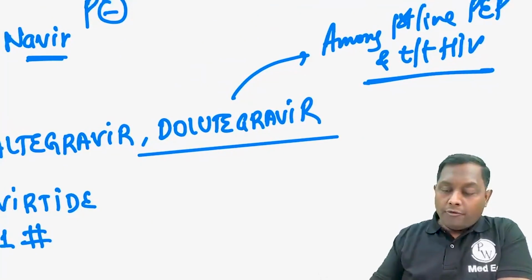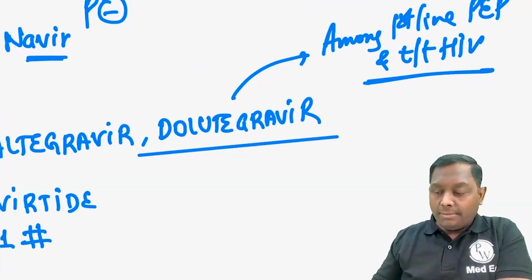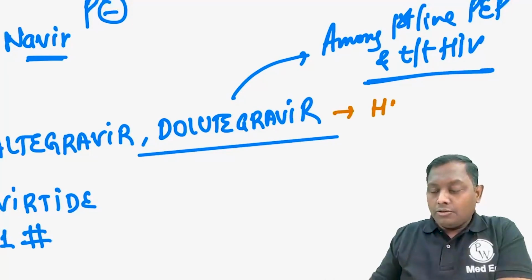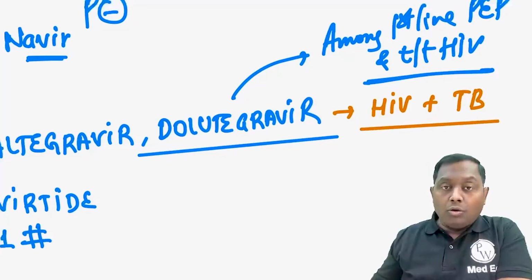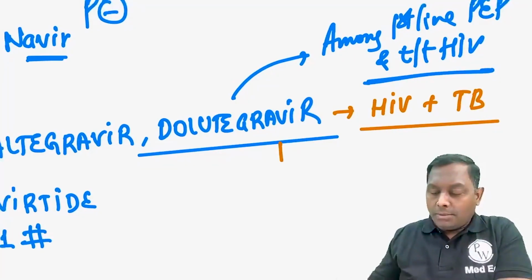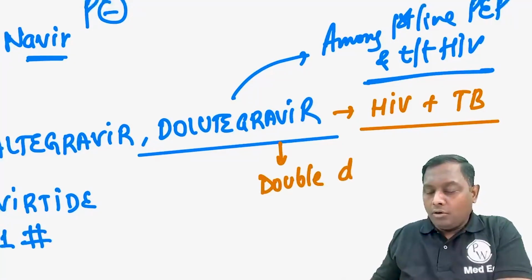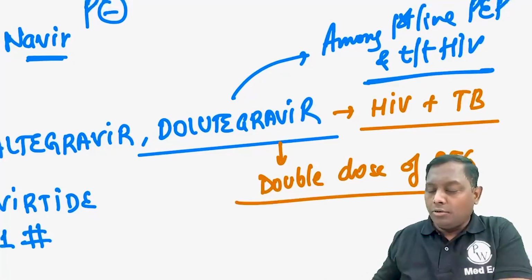Remember, if there is an HIV patient with tuberculosis and you are going to use dolutegravir based therapy, like TLD that we very commonly use, you are supposed to double the dose of dolutegravir, that is DTG.